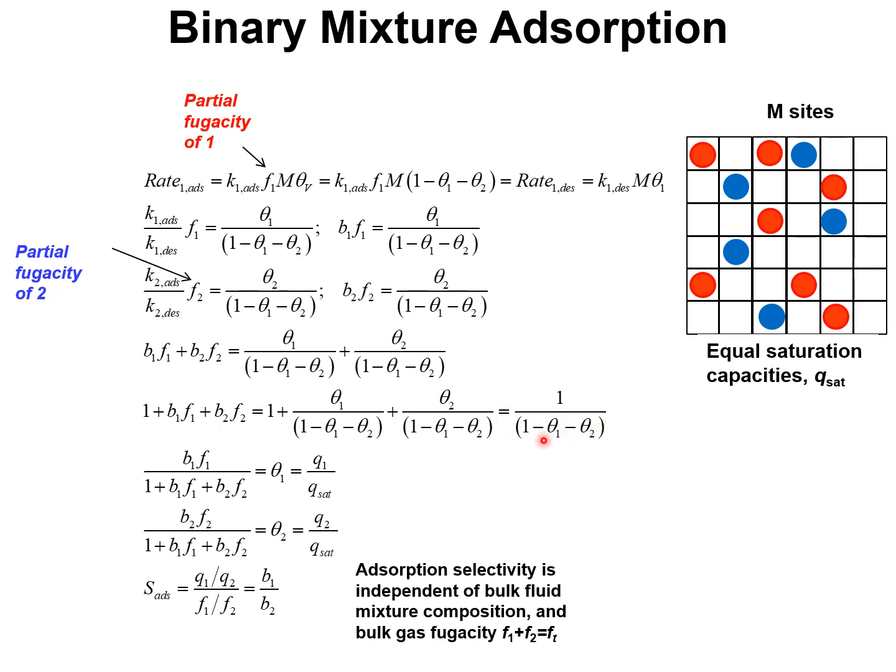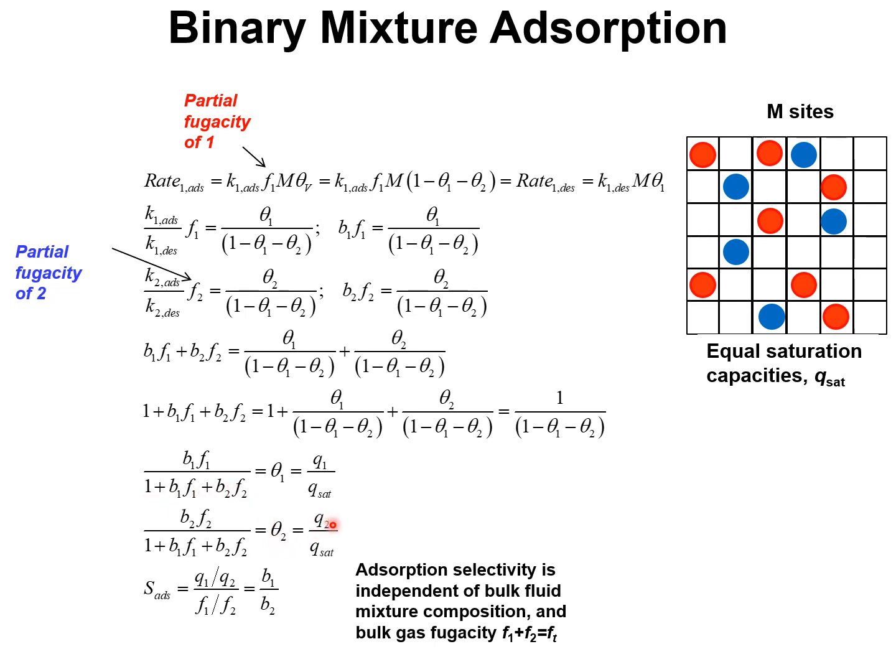The vacancy 1 minus theta 1 minus theta 2 is 1 divided by 1 plus B1F1 plus B2F2, and we can obtain an expression for the fractional occupancy of component 1 as the molar loading of component 1 divided by the saturation capacity equals B1F1 divided by 1 plus B1F1 plus B2F2.